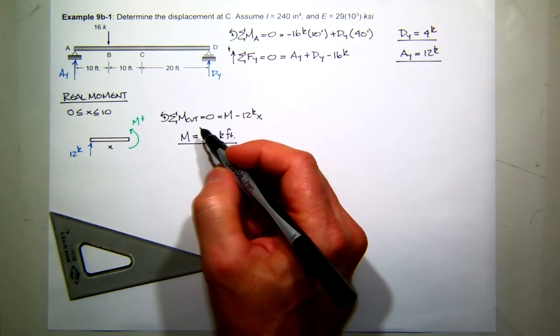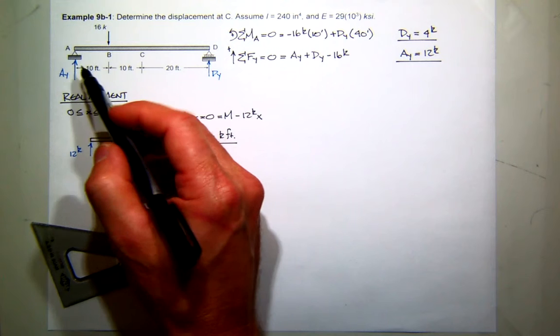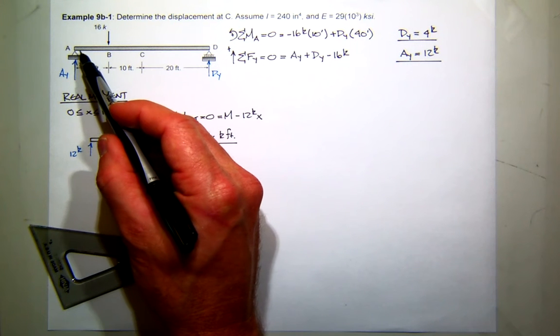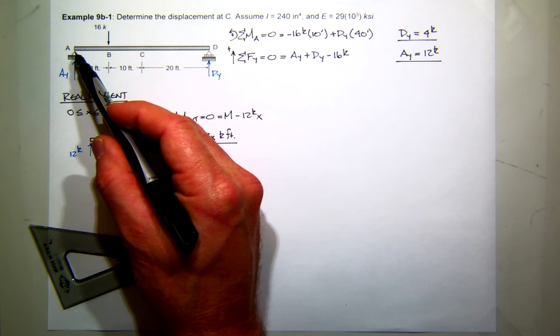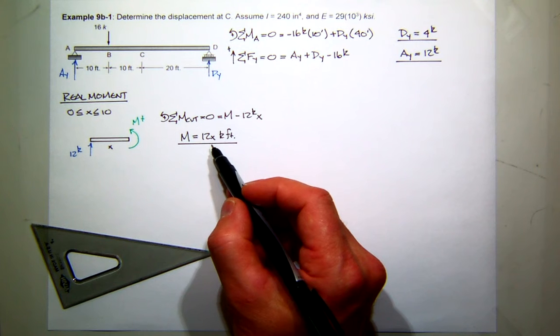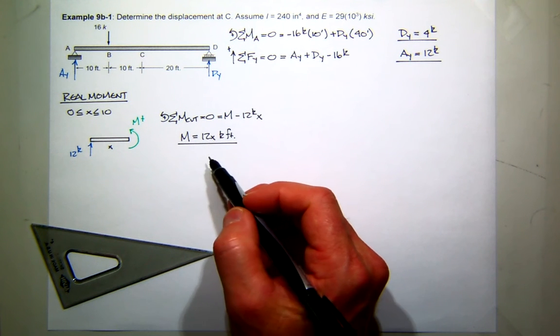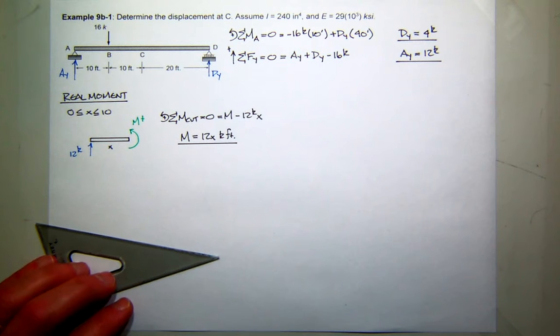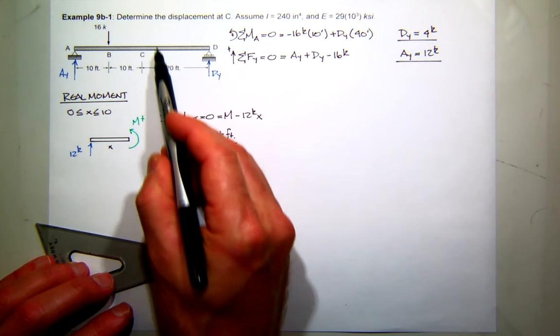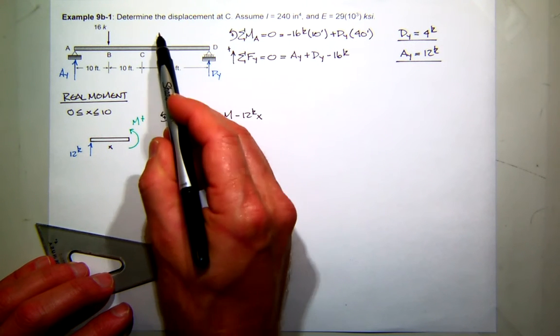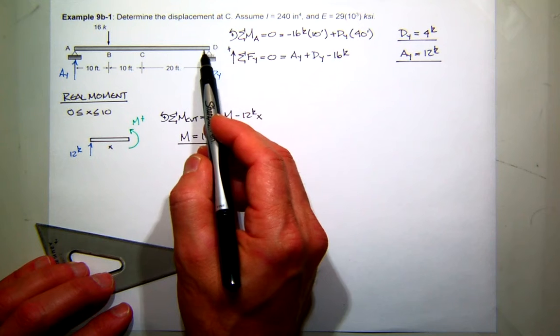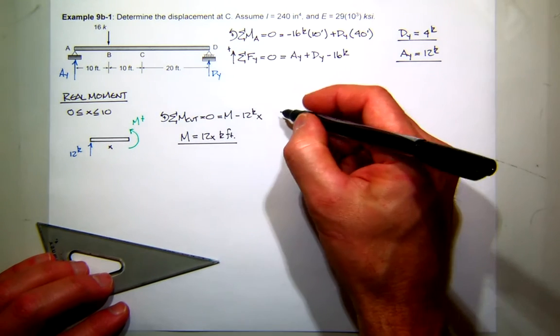Now the only thing I can check with now is that the moment at A, which is x equals 0, should be 0. And you see my equation does give me a moment of 0 when x is equal to 0. So that's all I can do right now. Now let's cut it somewhere here between B and D. And when you do that, I think working the right-hand side is going to be to our advantage.